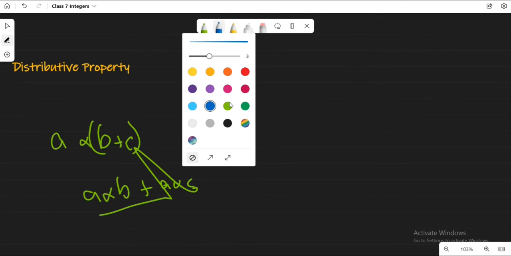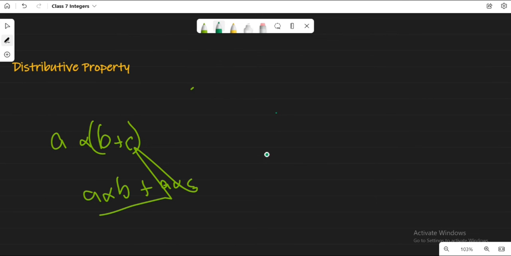Let's give the value of a as 3, b as 4, and c as 2. Let's do the same for this one: 3 into (4 plus 2).